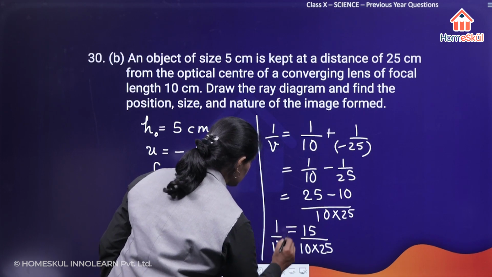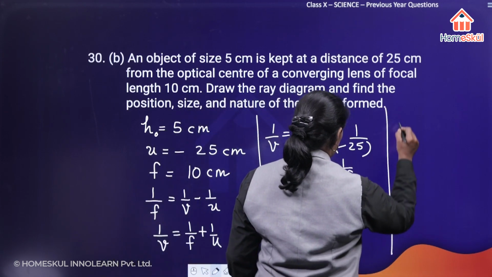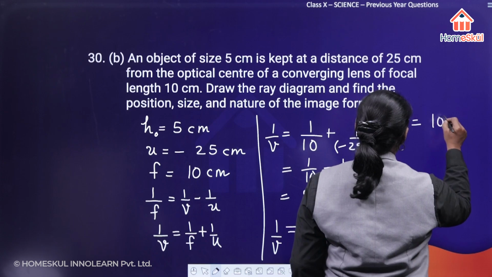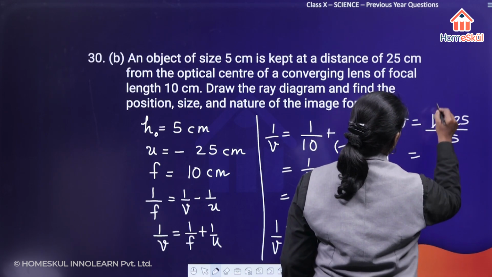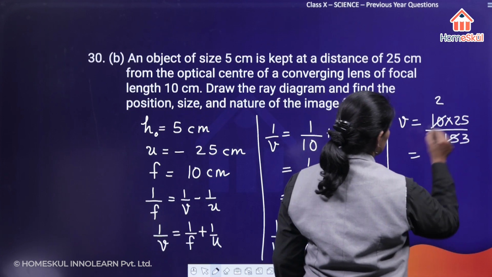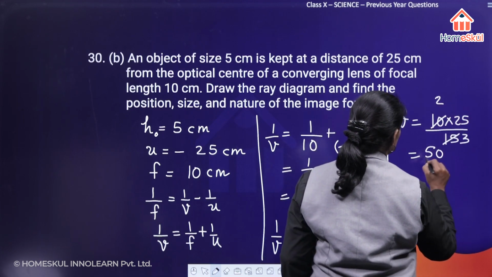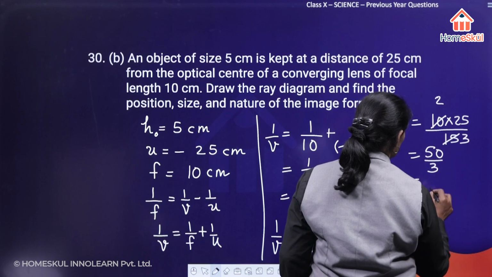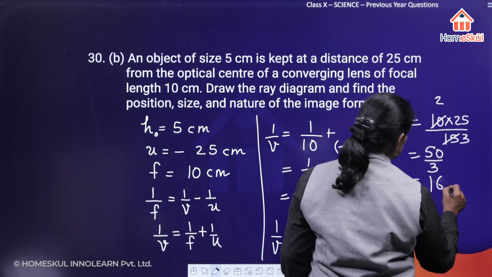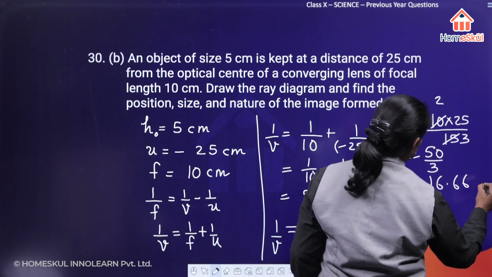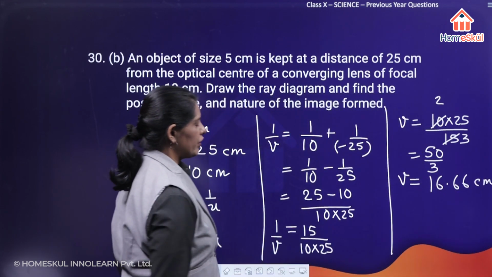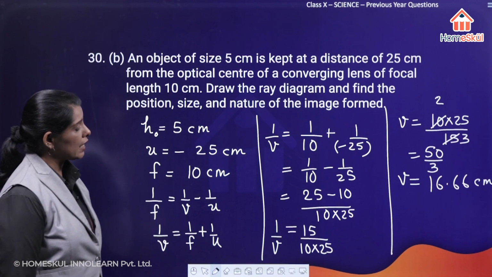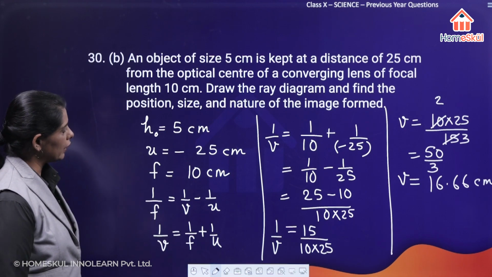This is 1 by V, so from here we get it as 10 into 25 divided by 15, which gives you 50 by 3, which is 16.66 centimeter as the distance of the image. So, we get the value of V as 16.66 approximately.